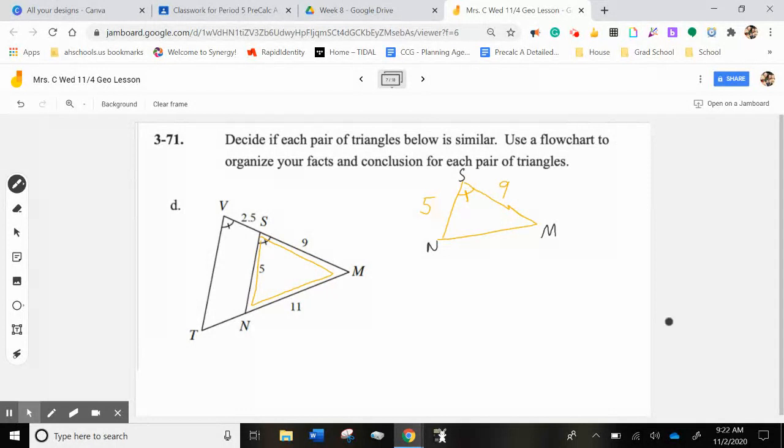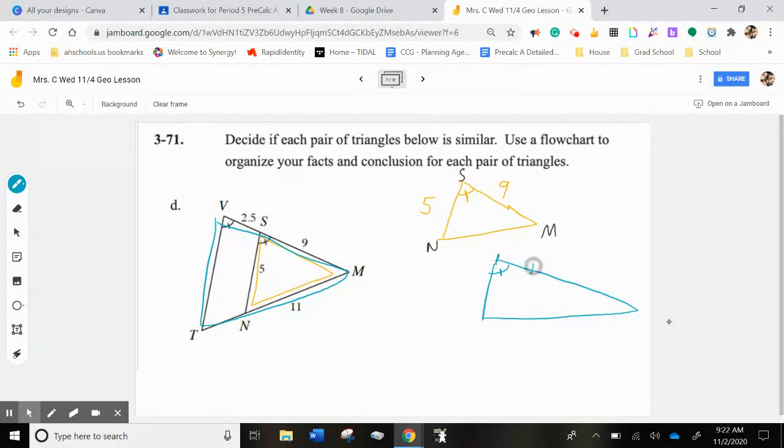Okay, this bigger triangle, let's do it in blue. Okay, this has, well, let's see, that here.